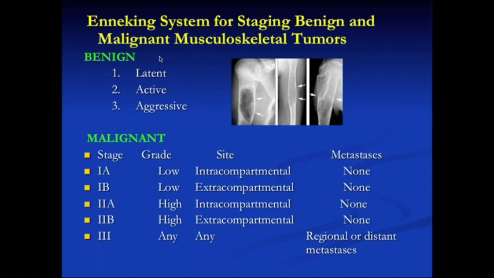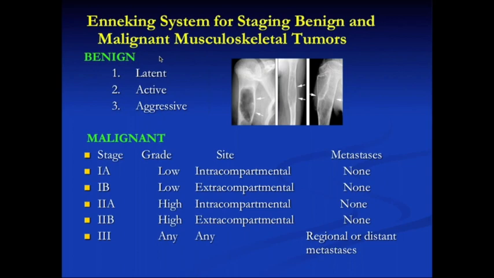So depending upon various features on imaging as well as clinical presentation, we give them one staging, and then we could decide that maybe a latent lesion, if not an imminent pathological fracture, can be managed by protection and keeping under observation. However, an aggressive lesion needs a care, which is invariably a surgical care.